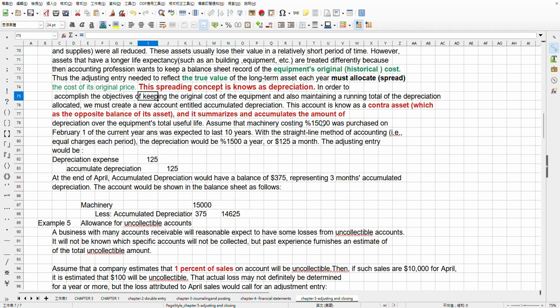Assume that machinery costing 15,000 was purchased on February 1st of the current year and was expected to last 10 years.